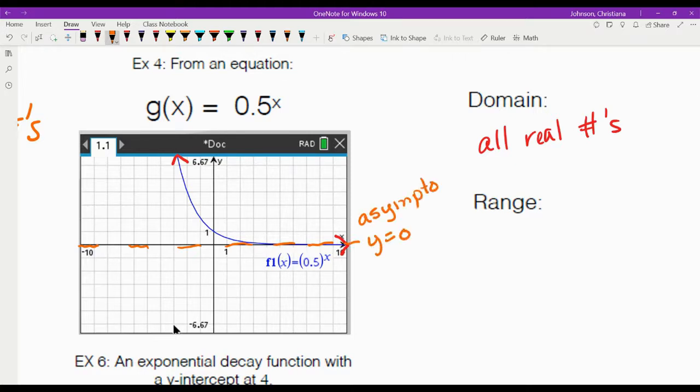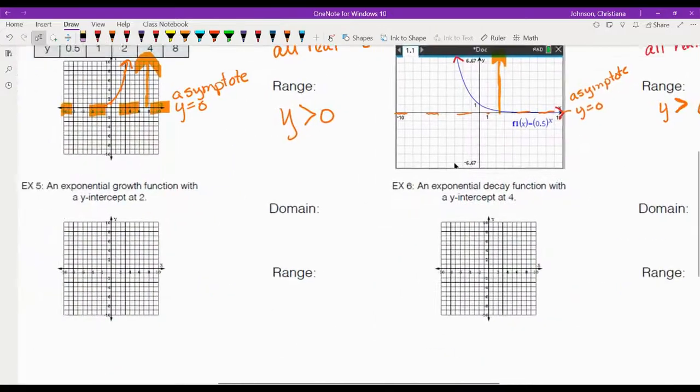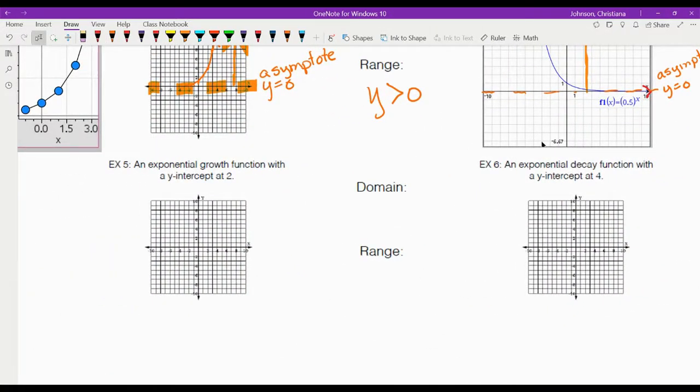And again, for exponentials, asymptotes tell us the number that we're looking for, the hole for our range, and then we have to decide is it above or below. In this case, it's a hole at the bottom, asymptote at the bottom, and then it is going to an arrow. So we have it is greater than but not equal to. Exponential range should never have an equal to sign. Kind of a clue.